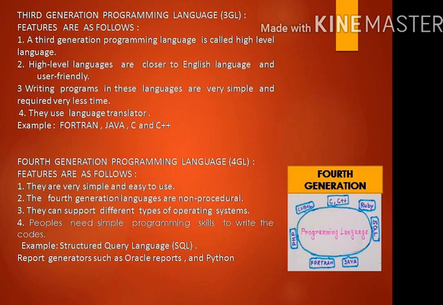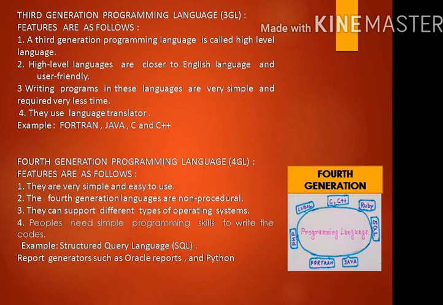Fourth generation programming language features are as follows. Number 1. They are very simple and easy to use. Number 2. The fourth generation languages are non-procedural. Number 3. They can support different types of operating systems.